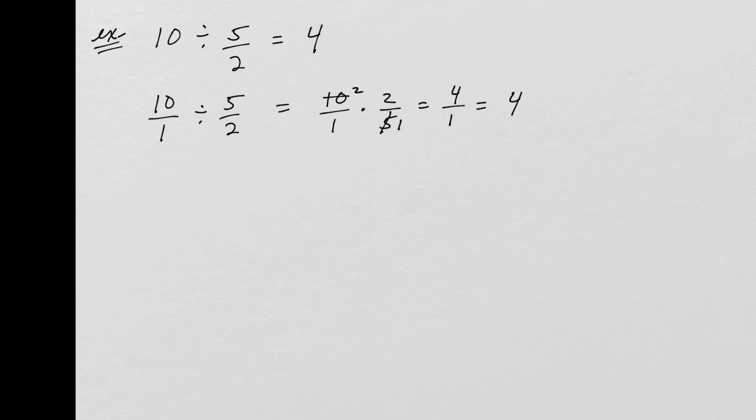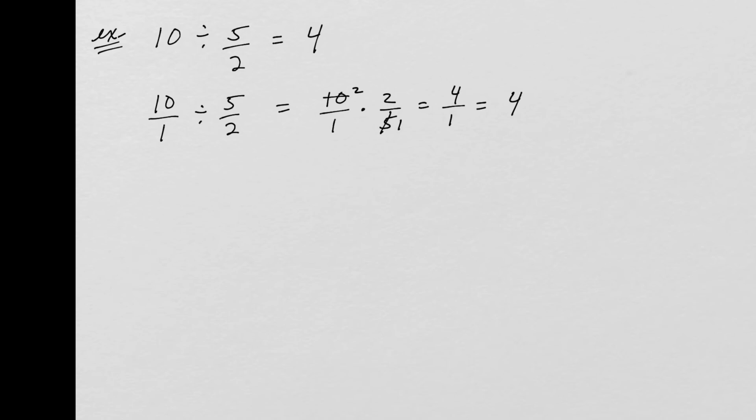Okay, what about dividing mixed numbers? So how do you think we're going to divide mixed numbers? And you might guess this, right? Basically, we do the same thing that we did when we multiplied mixed numbers.